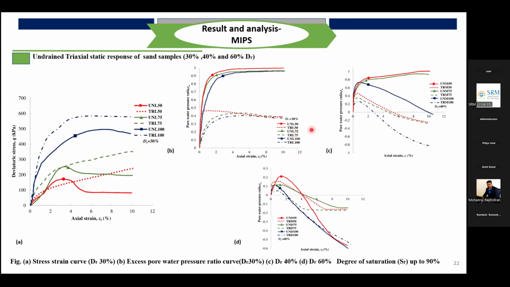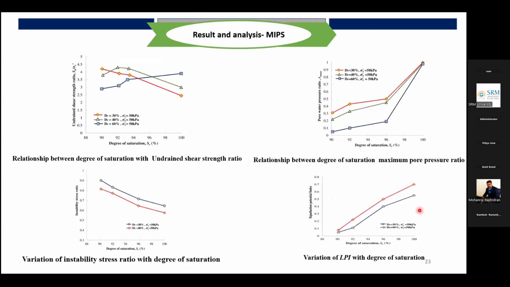Whereas for the treated soil, here the treated soil is only introducing air bubbles, biogases, nitrogen gas, by the first MIPS method, the pore pressure ratio is maintained at not more than 0.5. So your soil is well resisting the phenomenon of liquefaction. That has been witnessed in all other cases for 40% and 60% relative density.